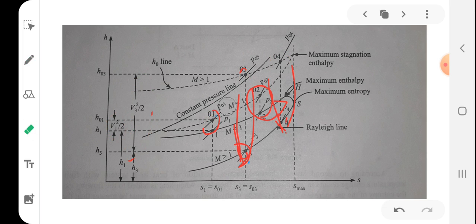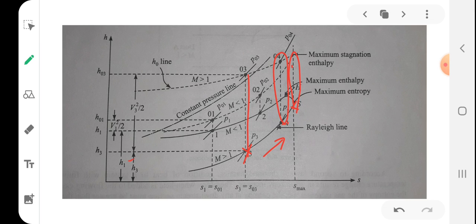Students, please note that in the case of point 3, V3 is the velocity, and when you go towards the right in case of supersonic flow, you can see that velocity is seen decreasing. When you reach here, velocity is even lower.